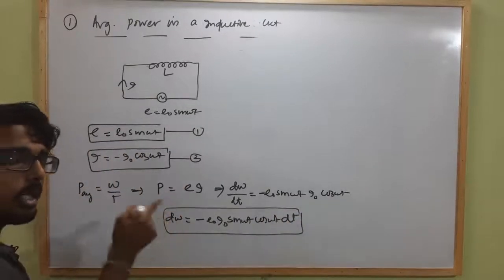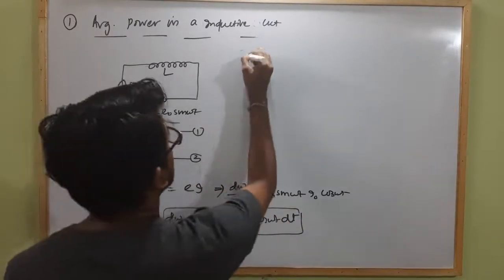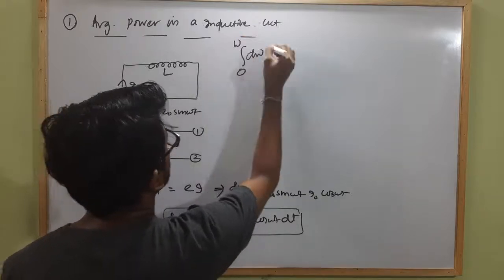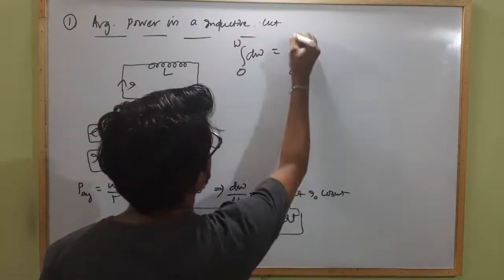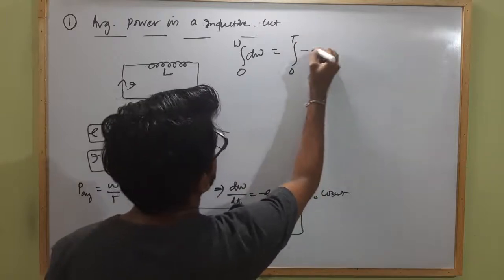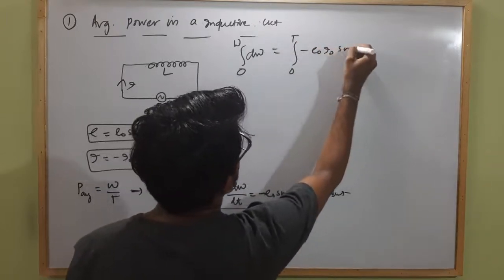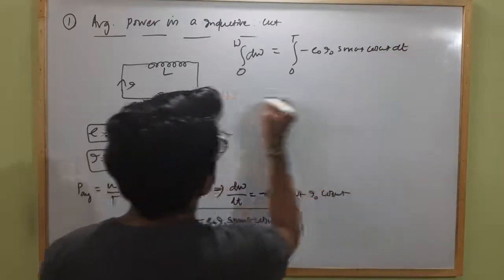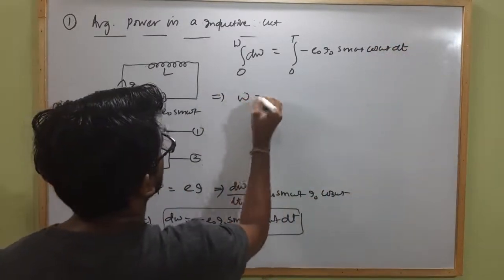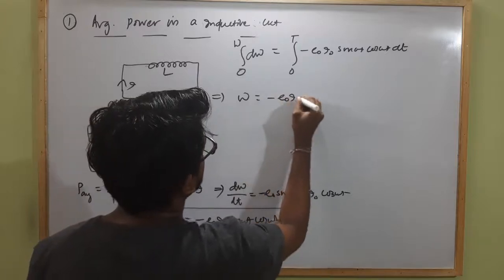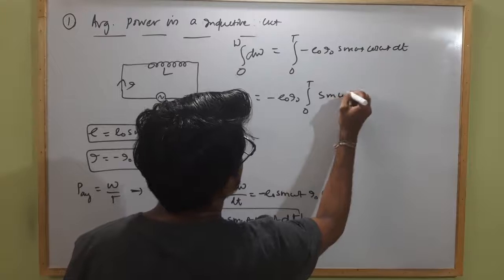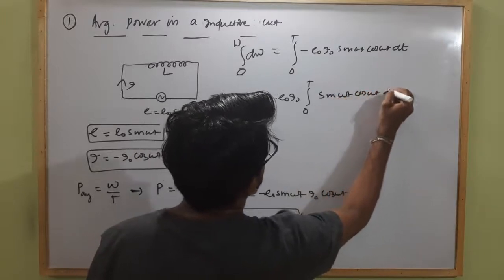So what is the total work done over a complete cycle? Now integrating this one, W is equal to integration from 0 to t of minus E naught I naught sin omega t cos omega t dt. This can be written as minus E naught I naught, taking out of the integration, 0 to t sin omega t cos omega t dt.